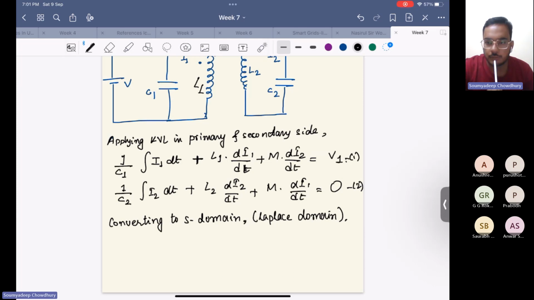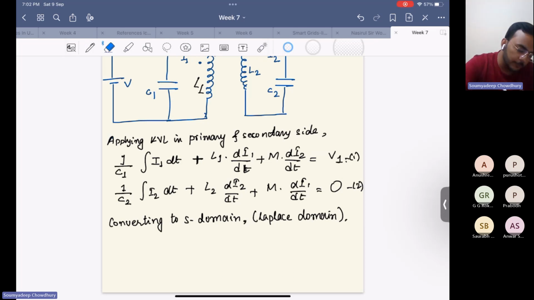Mr. Prabodh? Mr. Rakesh? No one. Okay, the first equation I will write, the second equation you have to tell me.